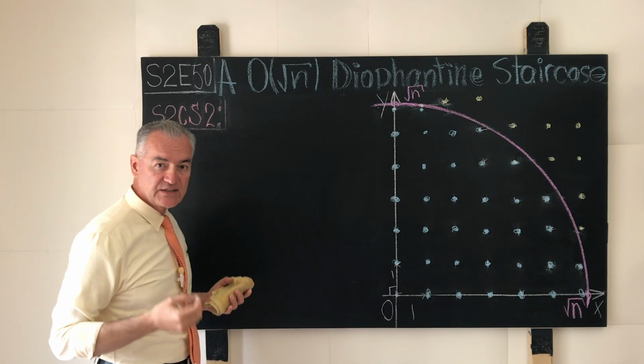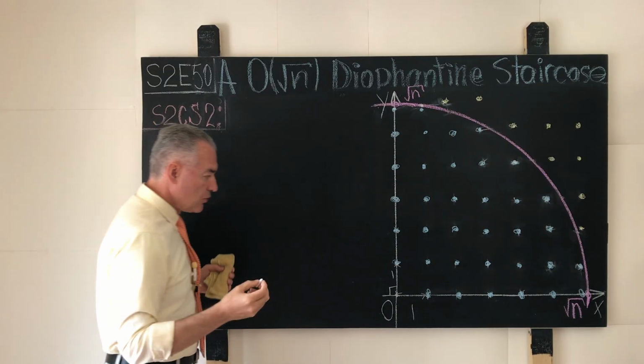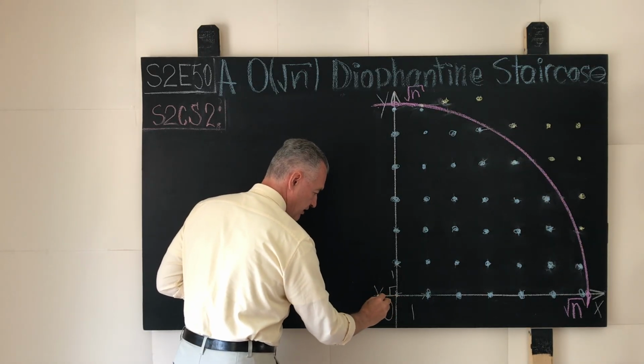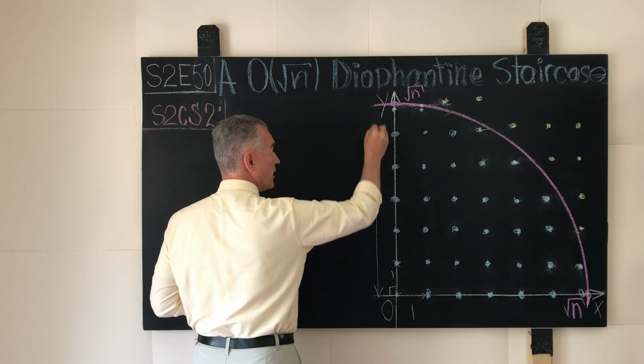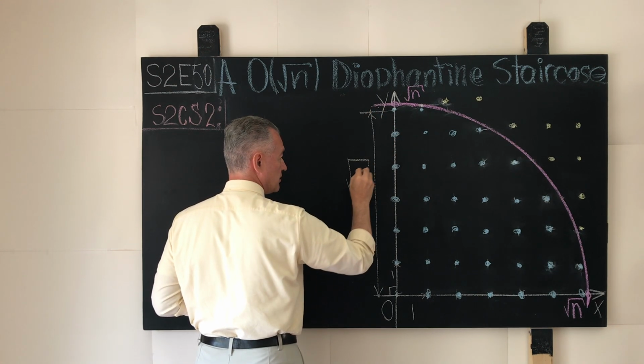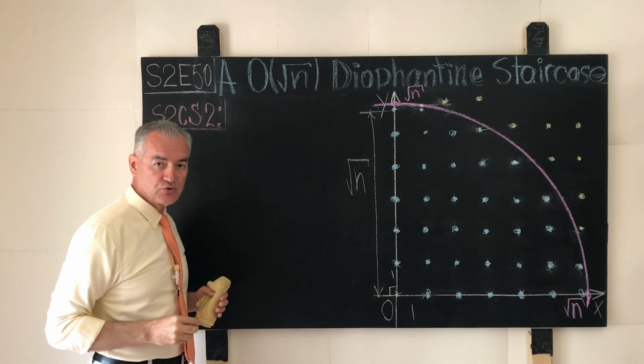Now, what price in terms of time complexity will we pay for that climb? It should be evident that the price we will pay for this climb will be precisely square root of n. And by doing so, what will we do?